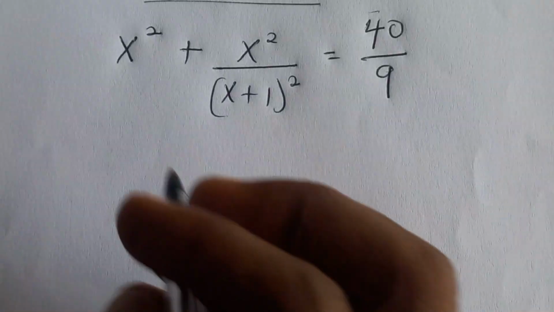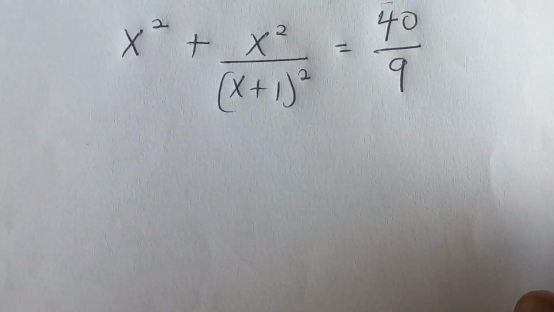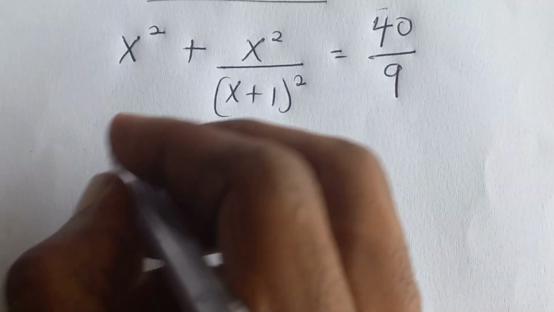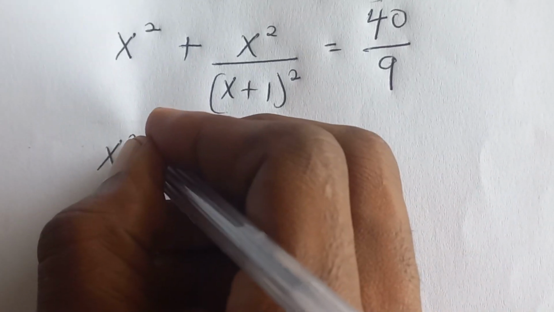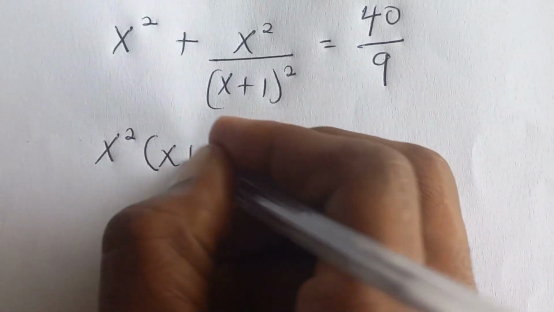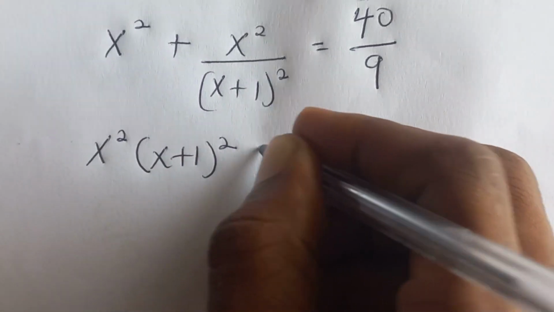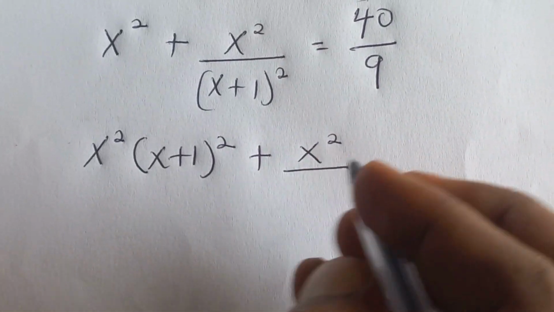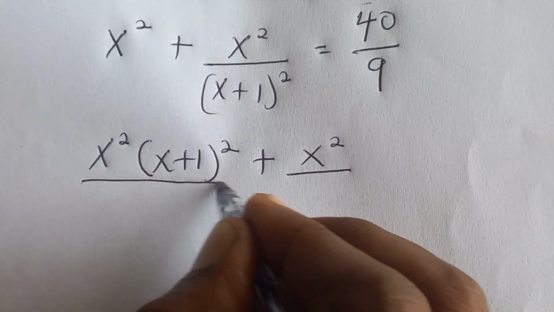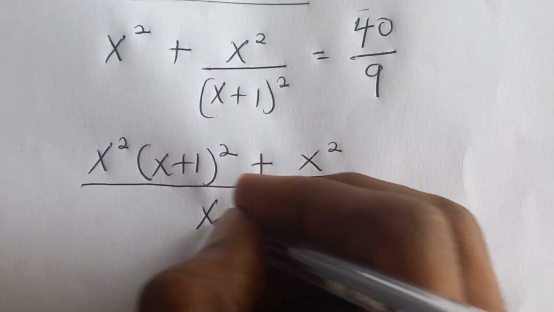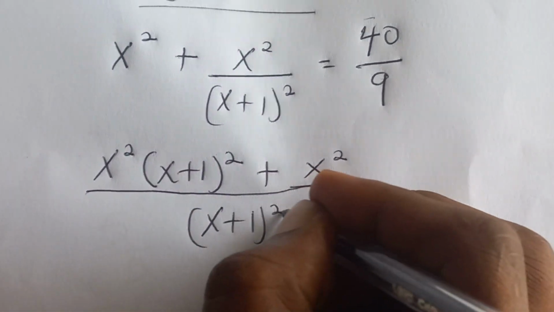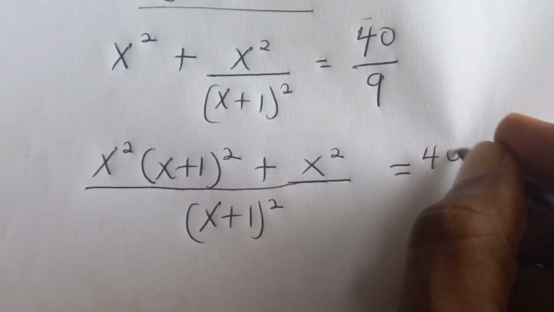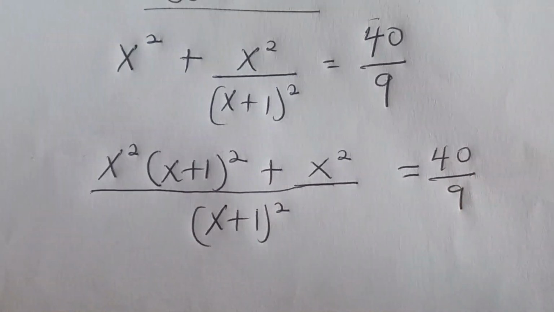So in this case, we are going to get x squared into bracket (x plus 1) all squared plus x squared, all over (x plus 1) all squared, which is equal to 40 over 9.